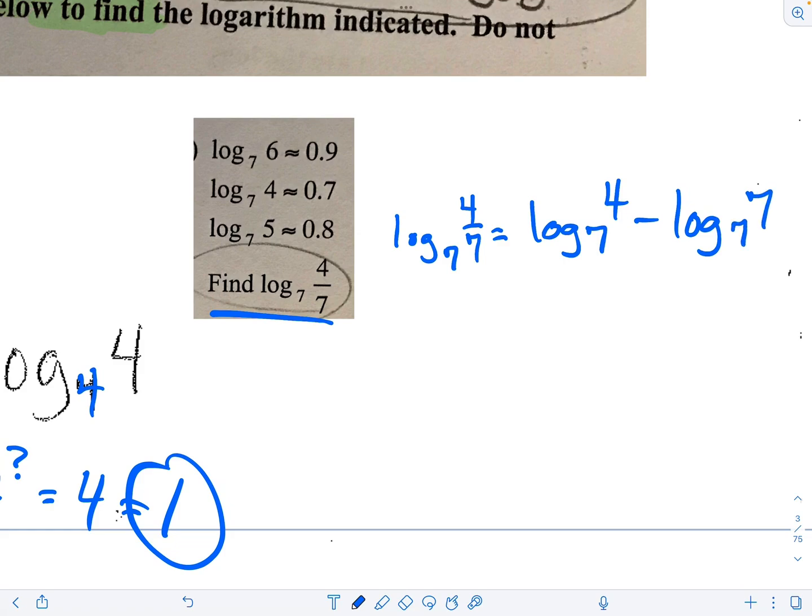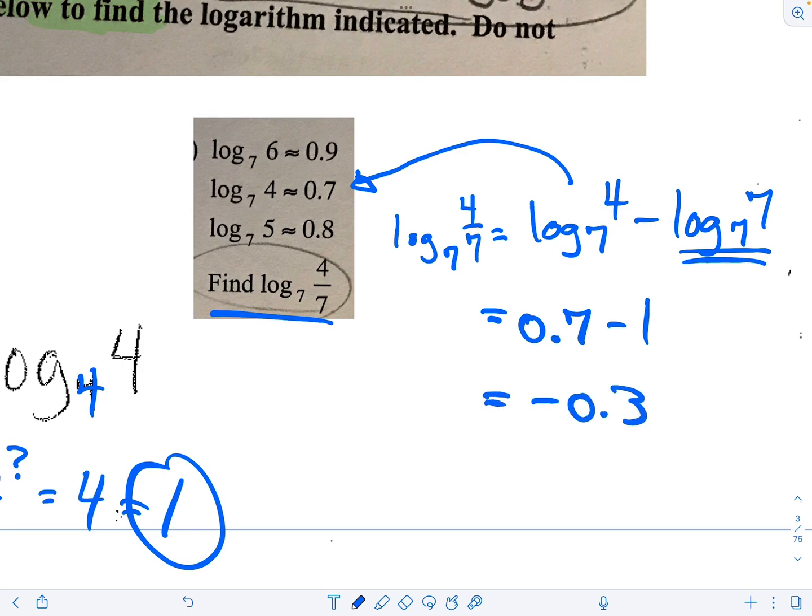Now, the log of 4 base 7, I don't know that. I'll refer back to the little table here. That is approximately 0.7. Now this one, the log of 7 base 7, what does 7 have to be raised to give you 7? That's just 1. 0.7 minus 1, we're looking at negative 3/10.